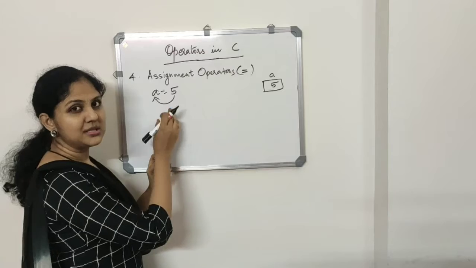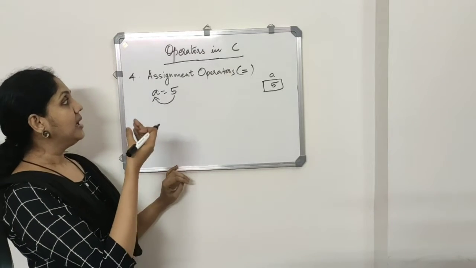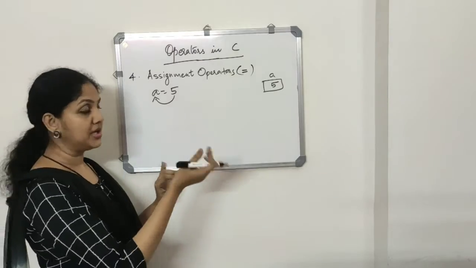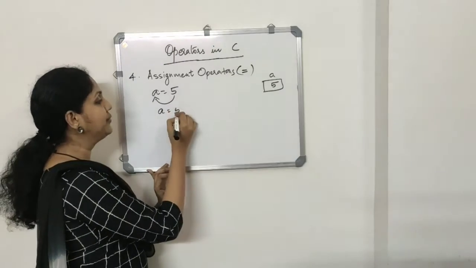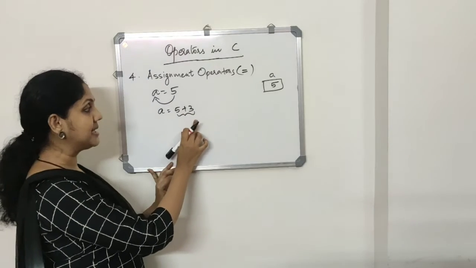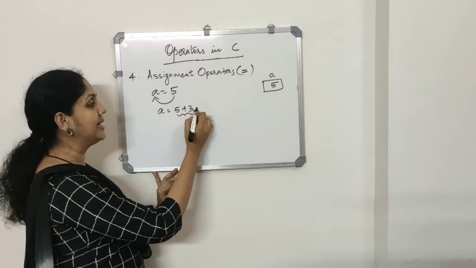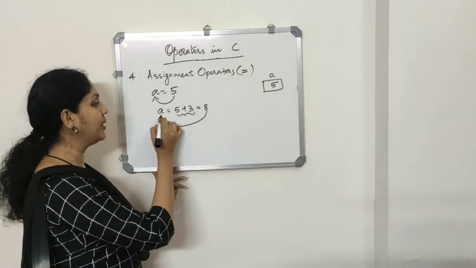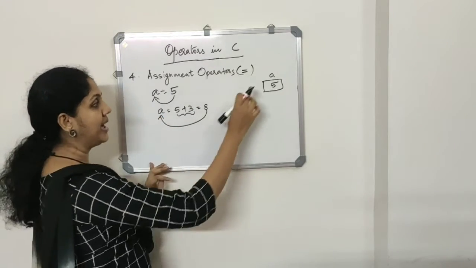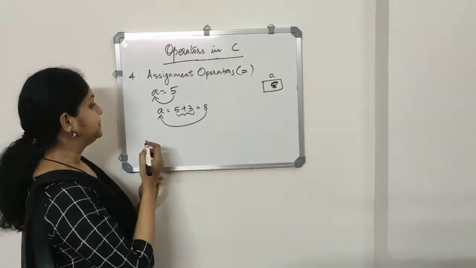Now this is just a simple assignment, assigning a value. How can we assign the value of an expression? A equal to 5 plus 3. 5 plus 3 is an operation, so 5 plus 3 will be added first and the result, 8, will be stored. Now the value of A will be 8.